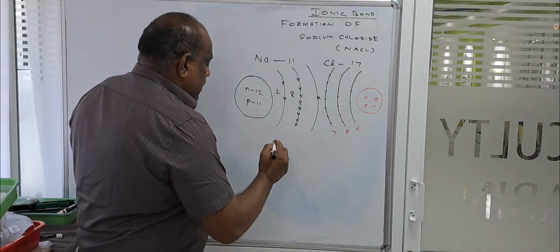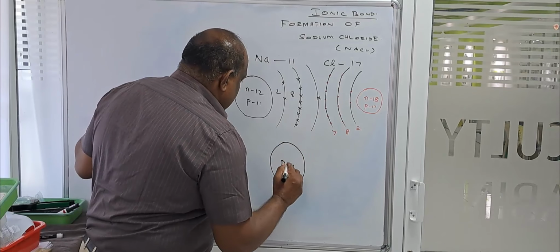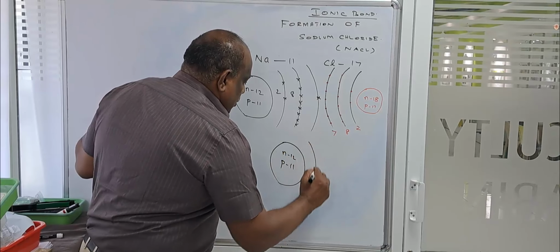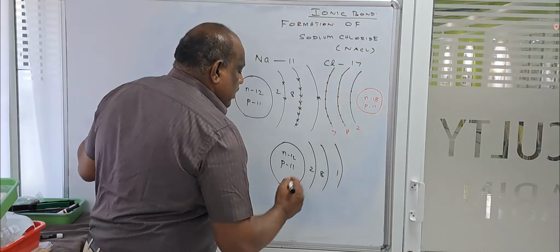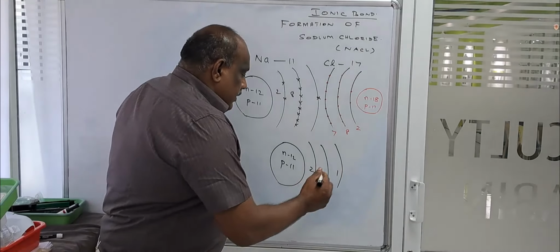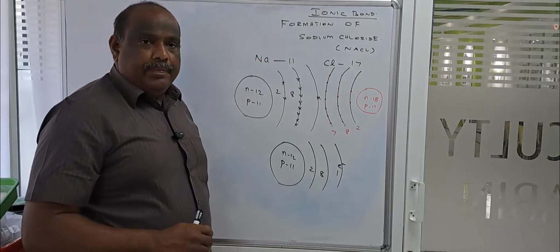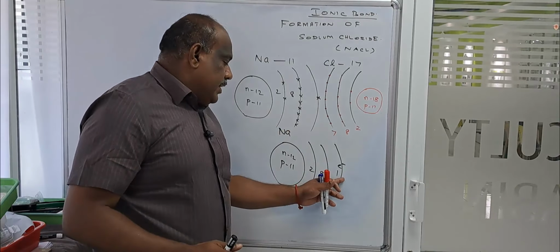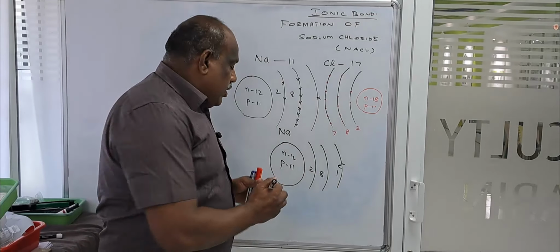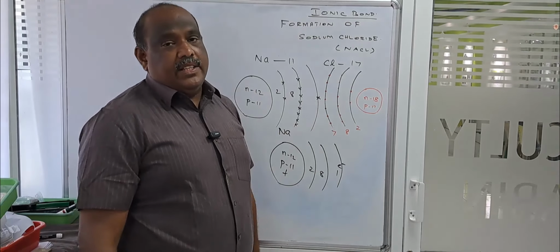That's fine. Now, let us consider the case of sodium alone. Its protons are 11, neutrons are 12, and the electrons are 2, 8, 1. Now, will this electron be attracted by this proton or not? Yes, surely it will be attracted. Definitely this electron is attracted by this proton because the proton is positively charged and the electron is negatively charged, and opposite charges attract each other.